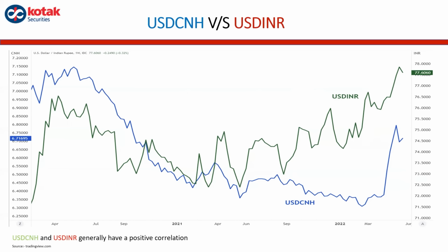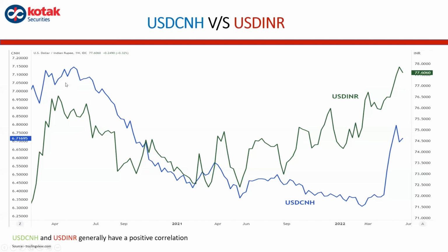Long story short, India is an emerging market and China is also an emerging market, one of the biggest emerging markets in the world. So if something is going to put pressure on China, India is also going to be affected by that. That is why we take a look at USDCNH to gauge how the dollar rupee is going to move.